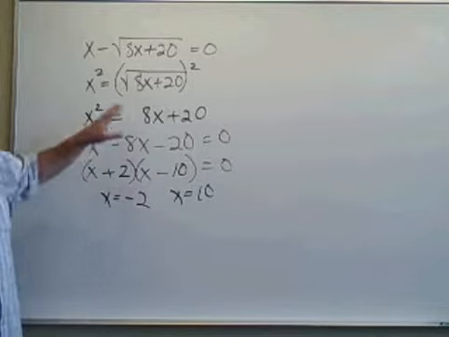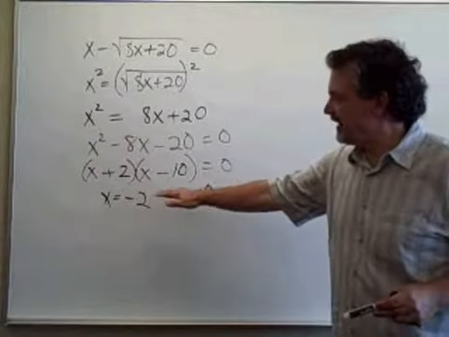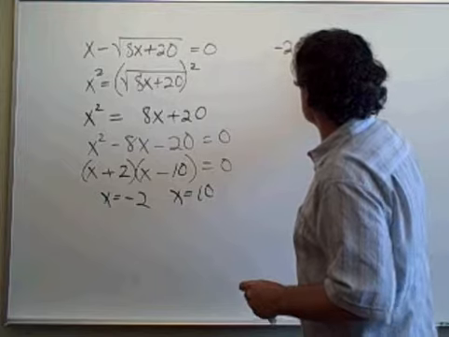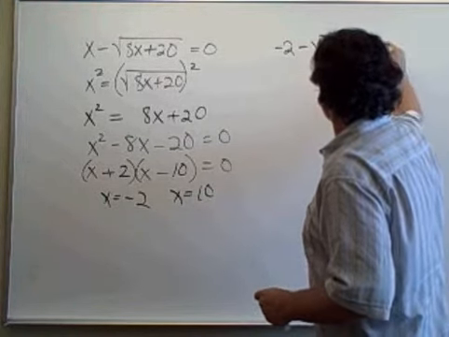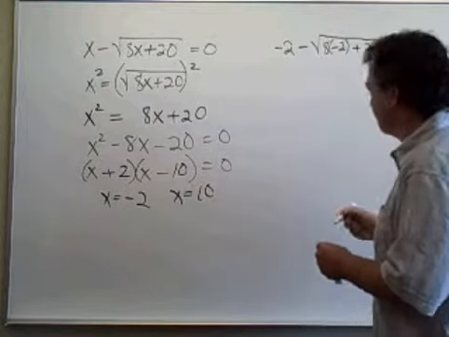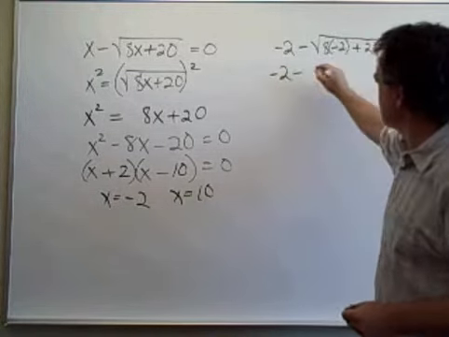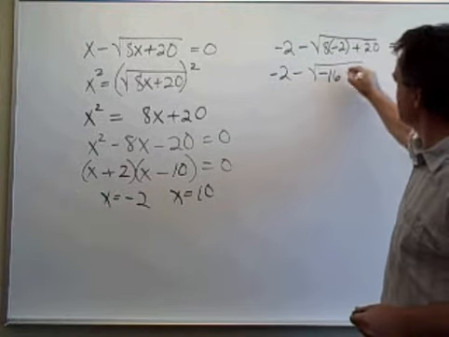So if we go back to the original equation and put negative 2 in for x, so we have negative 2 minus the square root of 8 times negative 2 will be negative 16.